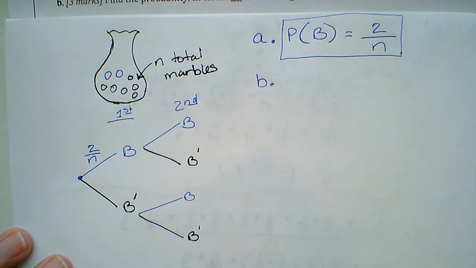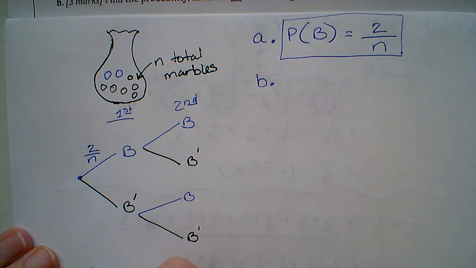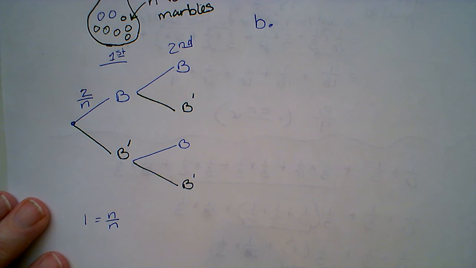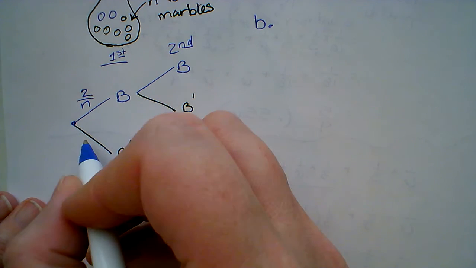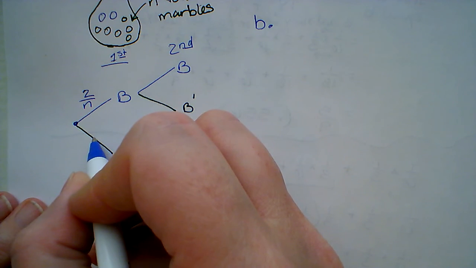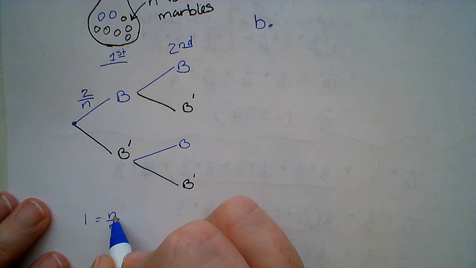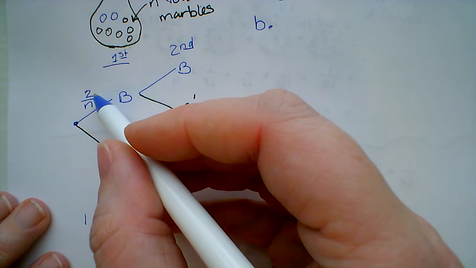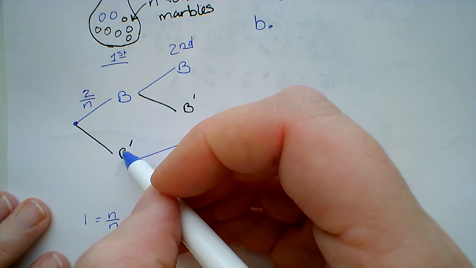And 1 as a fraction means I have to have n over n. So what am I going to have to do to get my numerator? Well, I have n total, and how many of these marbles are blue? 2 of them. So how many marbles are not blue?